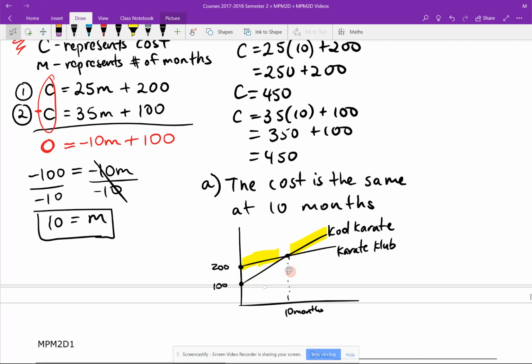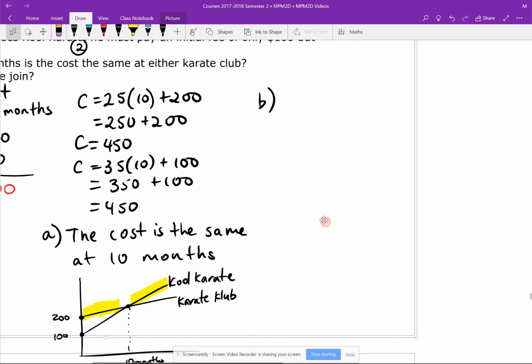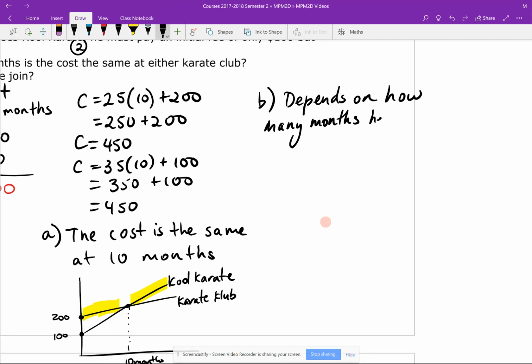So at some point they meet at 10 months, where it'll be the same price. But after 10 months, Karate Club is much cheaper. Cool Karate gets more expensive. So for part B, the answer is it depends on how many months he wants to be a member.